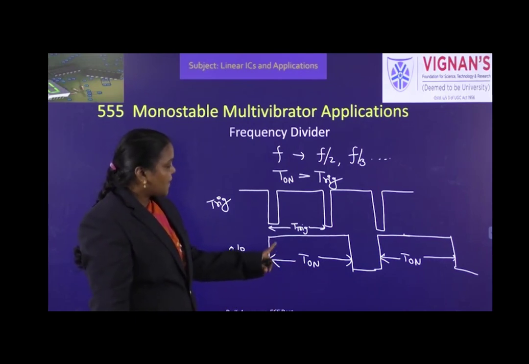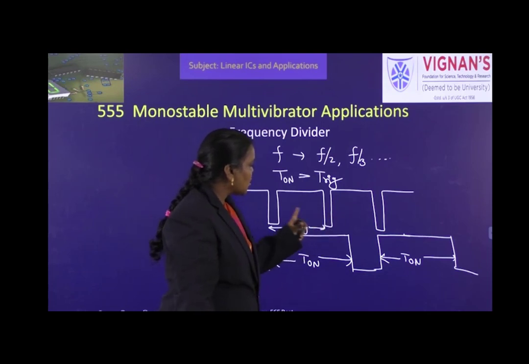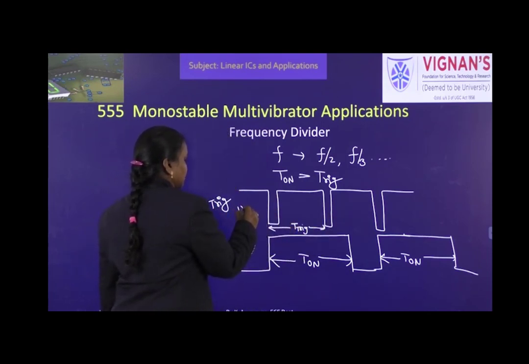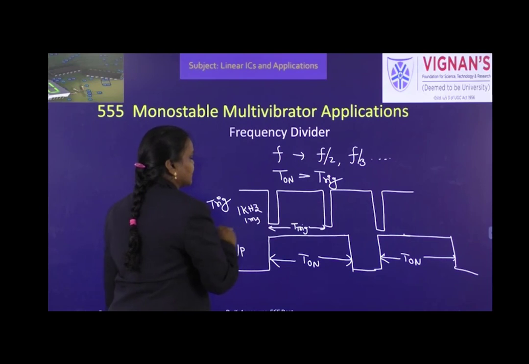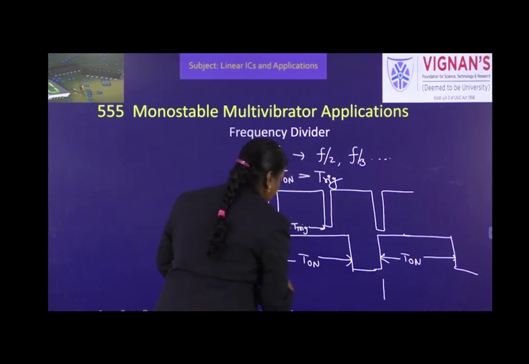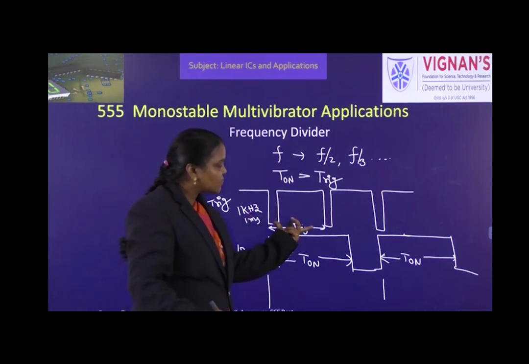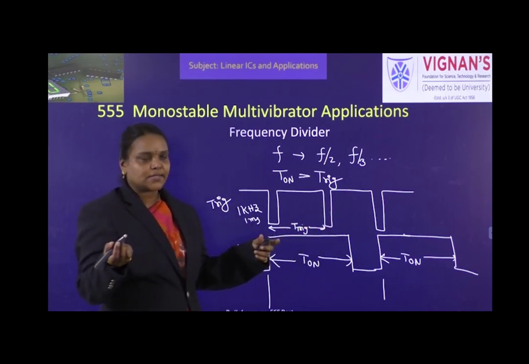Okay, so what happens here? Suppose the frequency of the trigger pulse is 1 kilohertz. Let us assume. Then what is the time period? 1 millisecond. Now see, the output waveform is this, right? So what is this time period? If the trigger time period is 1 millisecond, it is covering 2 trigger time periods, means 2 milliseconds.